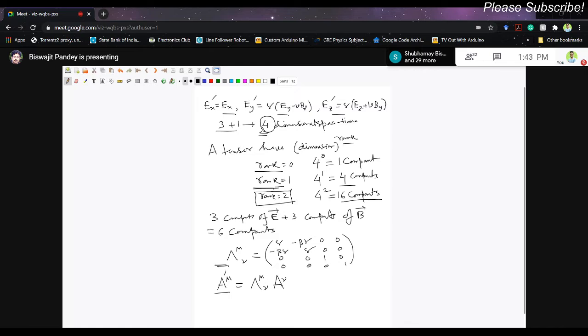Now, what about the transformation of a rank 2 tensor? Because right now we would like to work with a rank 2 tensor, right? So a rank 2 tensor transforms this way. Of course, you can assume that a tensor of rank 2, since in 4 dimensions it has 16 components, is an object with 2 indices, right?